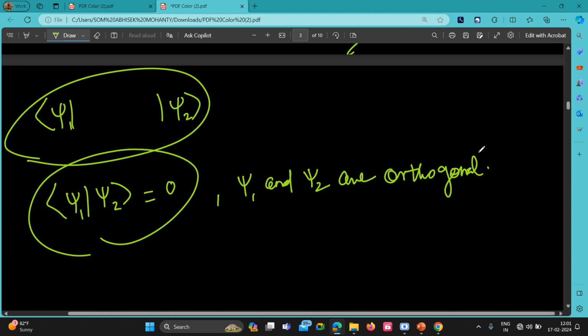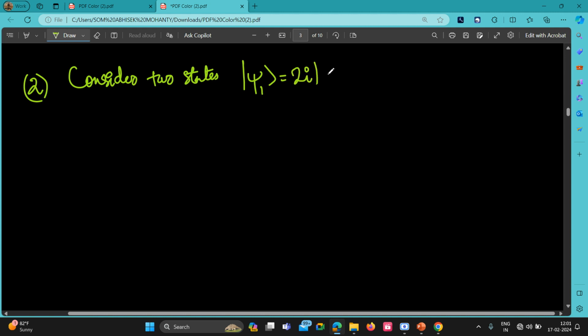Okay. Write a question. Question number 2. Consider two states. Ket psi 1 is equal to 2i phi 1 plus phi 2 minus a phi 3 plus 4 phi 4. Okay.